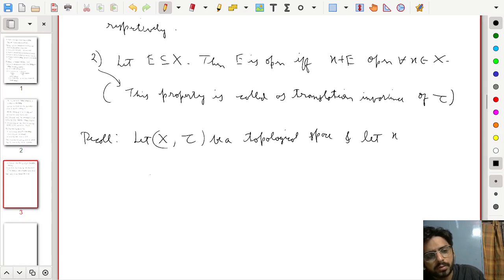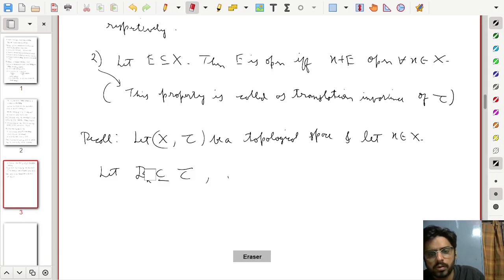And let x belong to X. A collection B sub x. Let B sub x be a subset of tau.